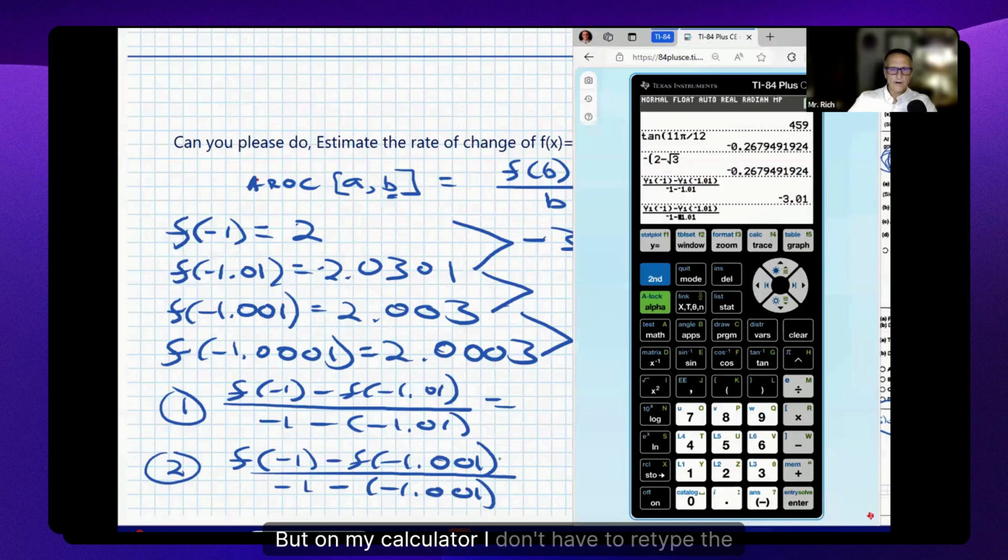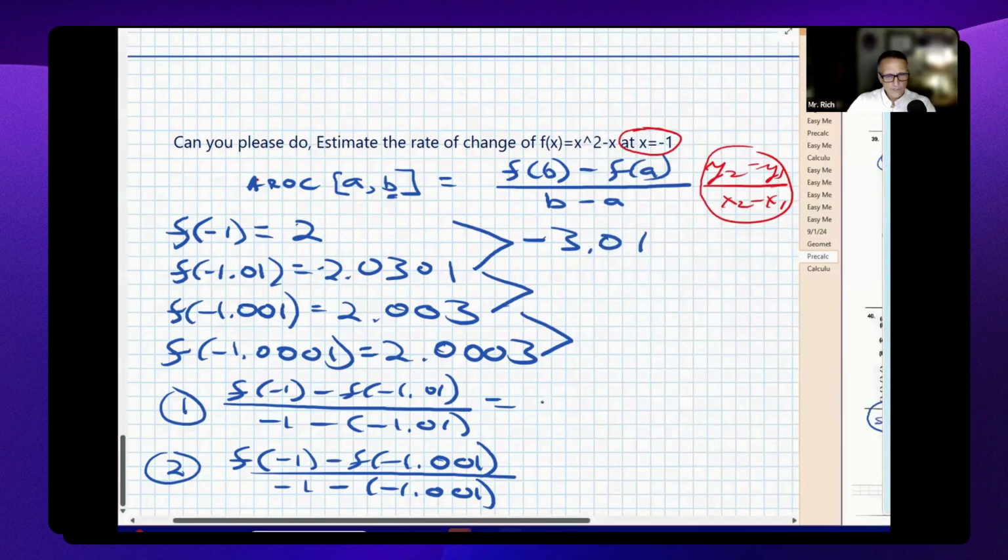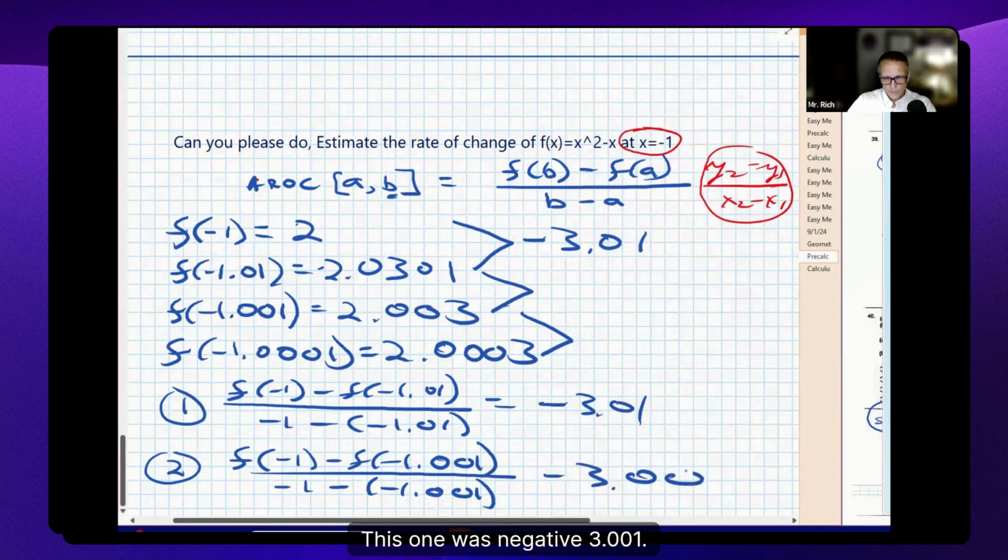But on my calculator, I don't have to retype the whole thing. What I can do is come up here and change this to 001. Let's change this to 001. I get negative 3.001. So this one was negative 3.01. This one was negative 3.001.